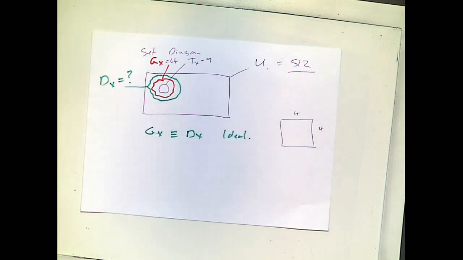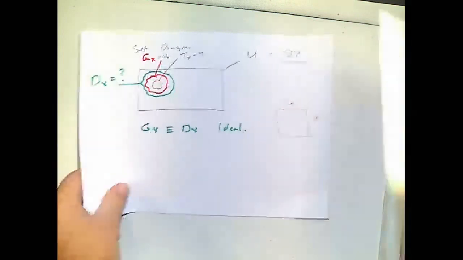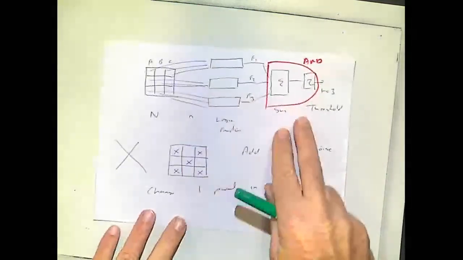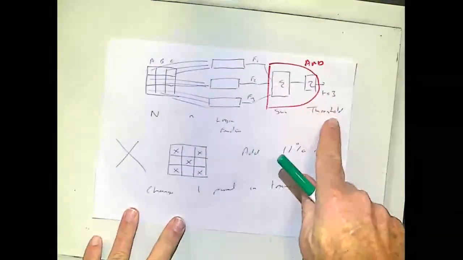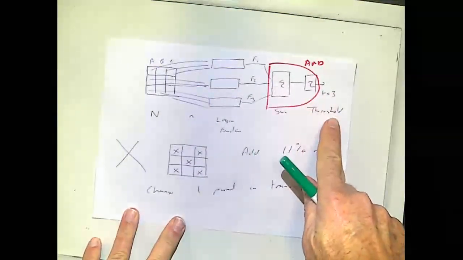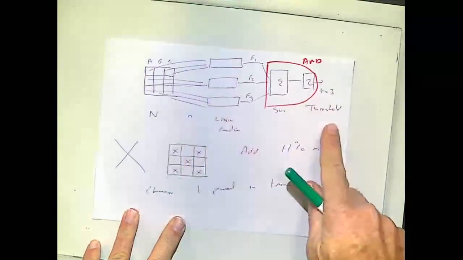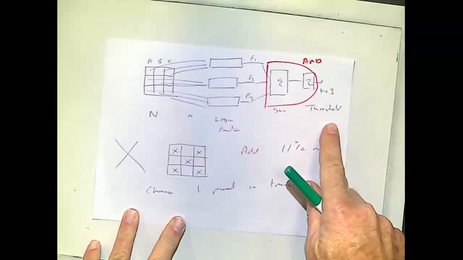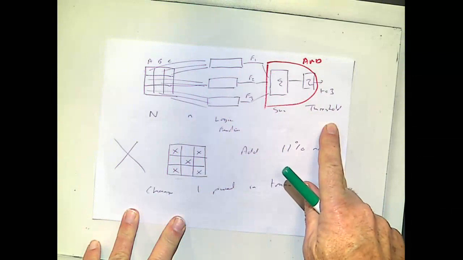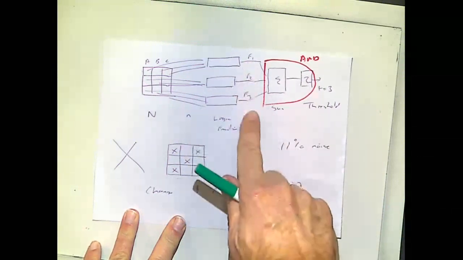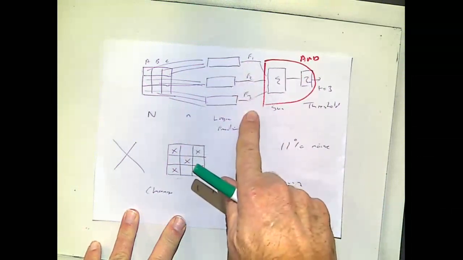Now, to get that in a digital net, if I go back to the original diagram, forget about the AND gate, which is equivalent to a threshold of 3. If I change this threshold here, more patterns are going to give a response. If I only require a score of 2 out of 3, I'm going to get more patterns.